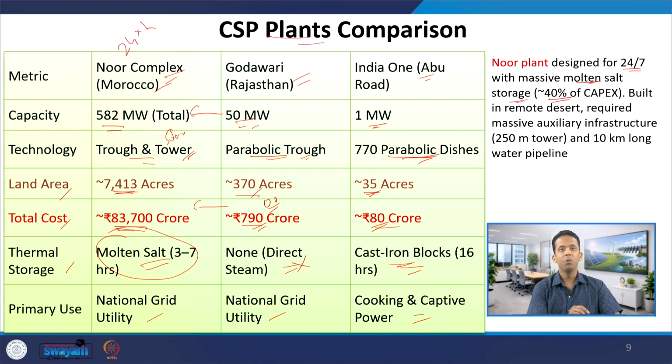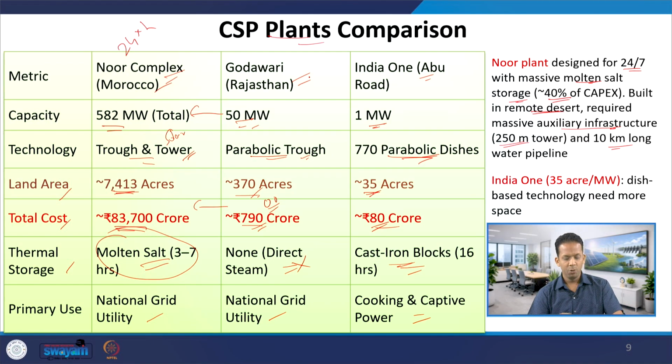Also, the plant in Morocco is built in a remote desert and it requires huge auxiliary infrastructure, for example a 250-meter long tower and almost 10-kilometer long water pipeline, and that's the reason why cost for Noor complex is significantly higher than the other two plants. But if you look at the area, India One has 35 acre per megawatt and this has only 350 acre for 50 megawatt.